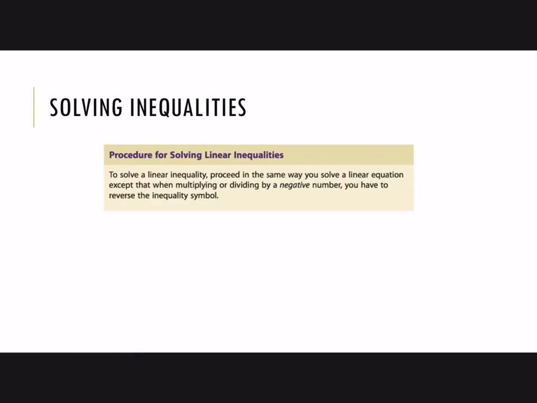If we summarize all of these properties, when you're solving linear inequalities, you would do everything exactly the same way that you would a linear equation, with the one exception that when you multiply or divide by a negative number, you must reverse the inequality symbol.